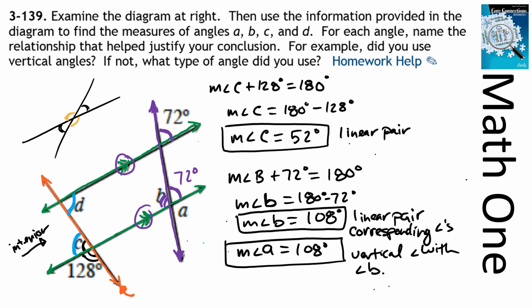So we could write down that the measure of angle D would also have to be 52 degrees. And the reason for that is it's an alternate interior angle.